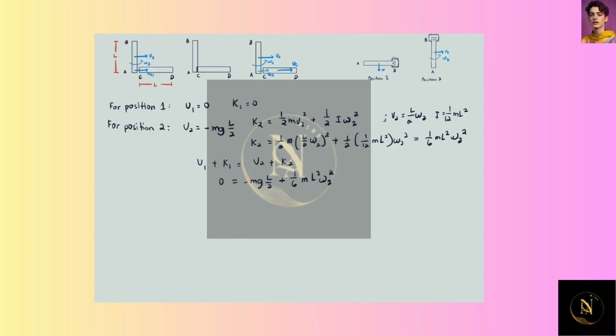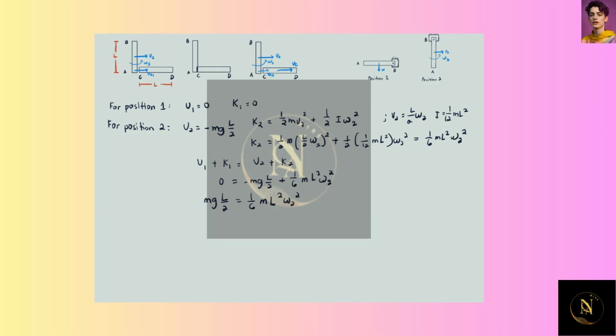Simplifying the equation, let's move negative mgL over 2 to the other side, so mgL over 2 equals 1/6 m L squared omega 2 squared.